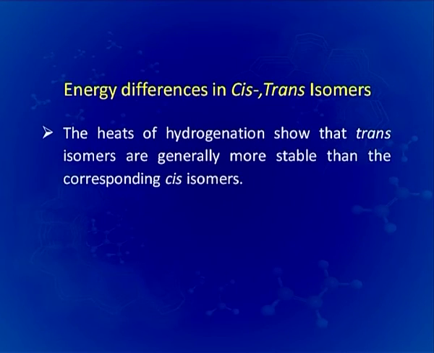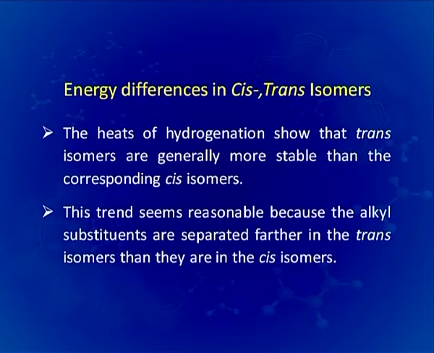The heats of hydrogenation show that trans isomers are generally more stable than the corresponding cis isomers. This trend seems reasonable because the alkyl substituents are separated farther in the trans isomers than they are in the cis isomers, when we see in space their orientation around the two double bonded carbon atoms.